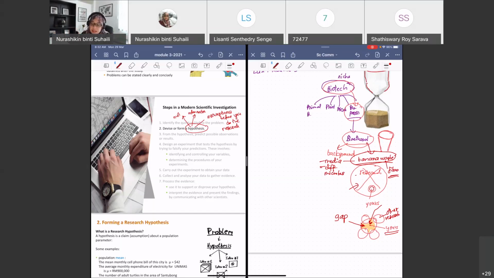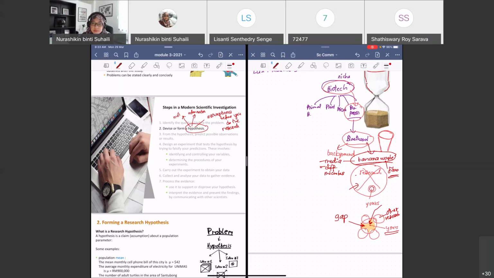In the case of bioethanol just now, if I want to study the use of banana fiber, maybe you must have the control as well. The control means the one that you want to compare with your experiment.